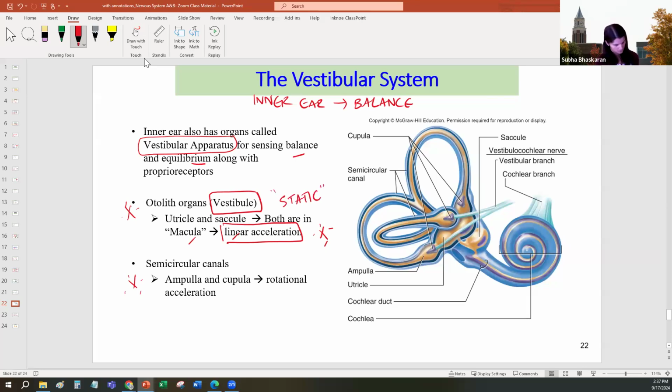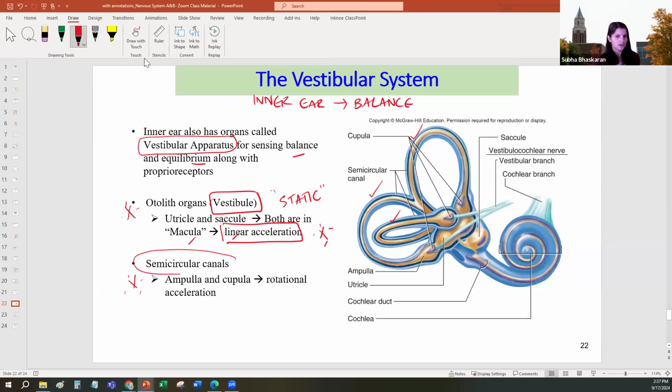Whereas look at me, if I do this, what am I doing? I am rotating, yes or no? I'm going in the X, Y, and Z plane, yes or no? Right? You see that X, Y, Z? Amazing, right? So that's the semicircular canals.